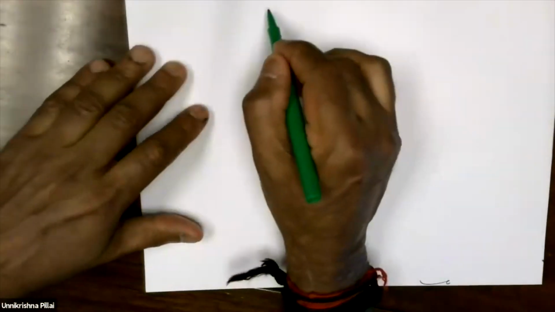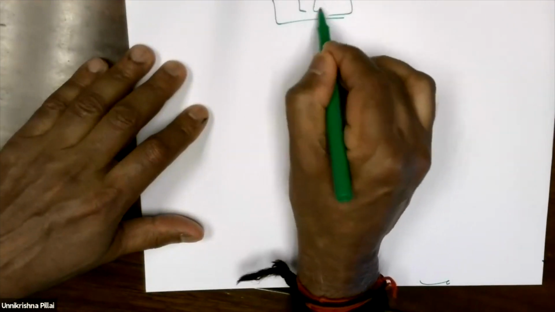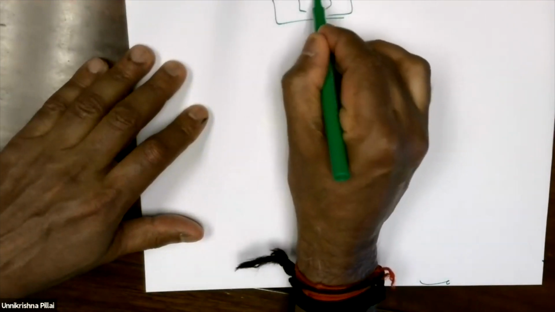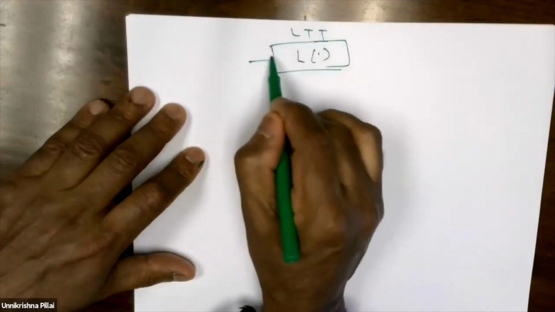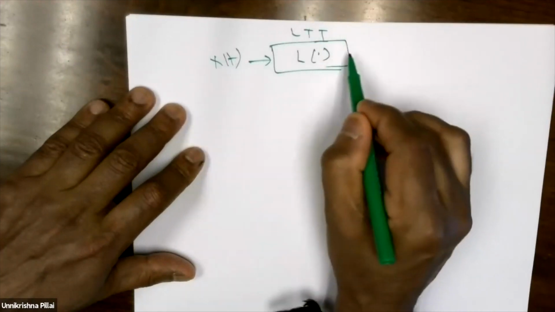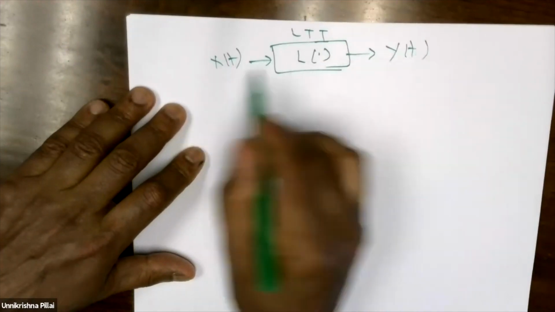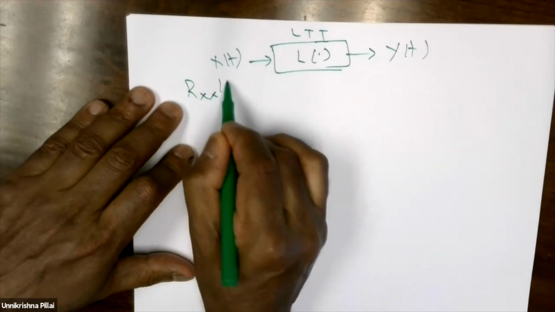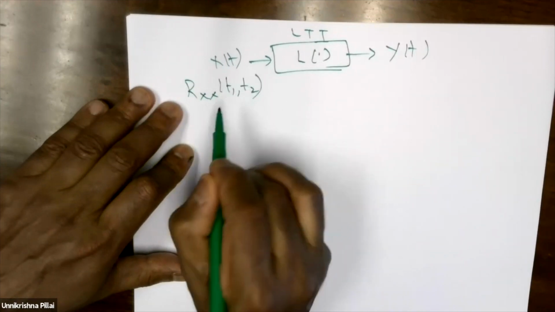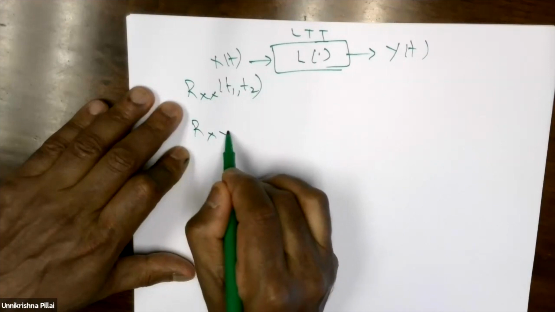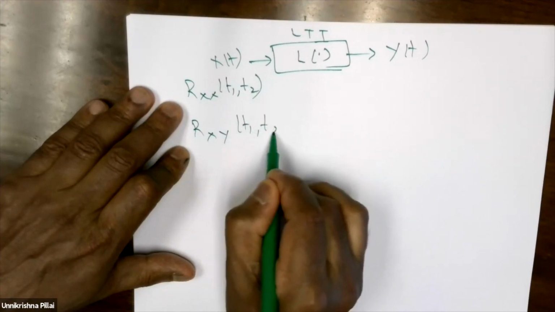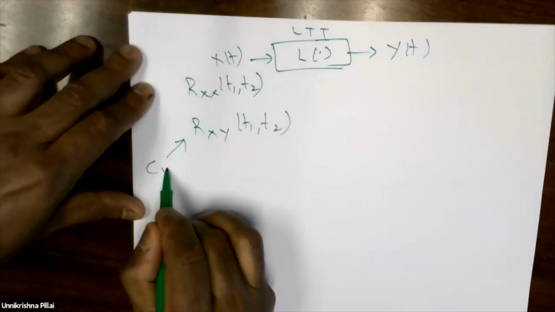So this is where we are. We have a linear time invariant system. I have x of t as the input, y of t as the output. Input autocorrelation is Rxx of t1 comma t2. Let's find out Rxy of t1 comma t2. I want the cross correlation function.